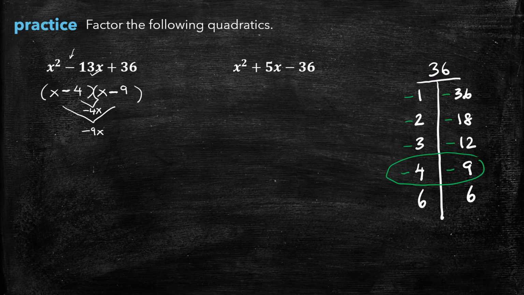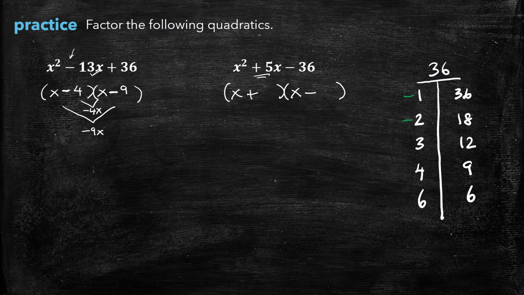Now what if I change this last term to minus 36 instead of positive 36? Well, that means that one of the factors has to be positive and the other has to be negative. Which in particular? To add to positive 5x, the larger one will have to be positive in this case.